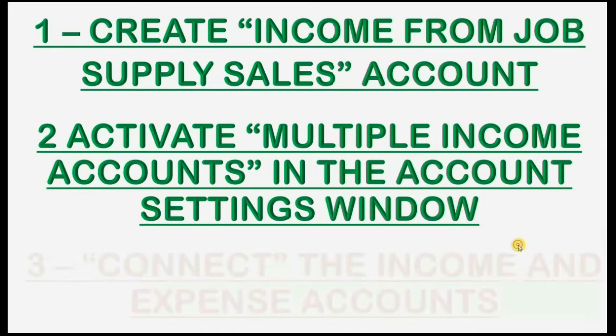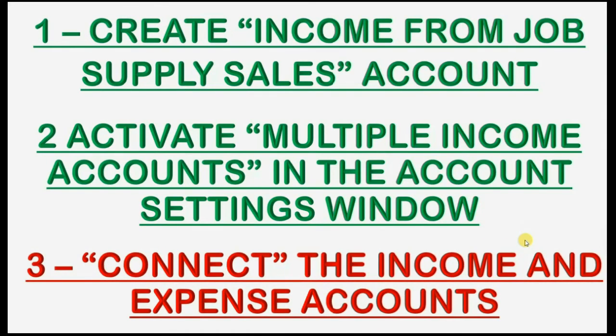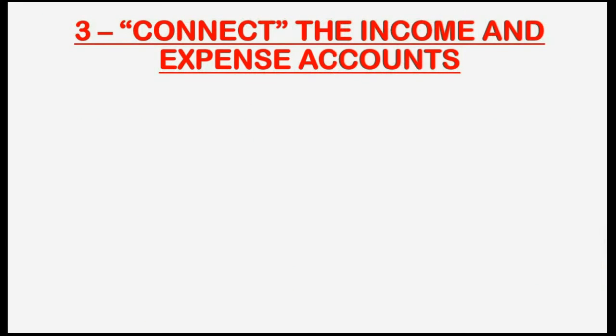Now, the third and final step to set these things up is to connect the income account that we just made with the expense account that will be billed and put on an invoice, so that QuickBooks knows which one goes up when the other is billed. So we want to connect the income and expense accounts.